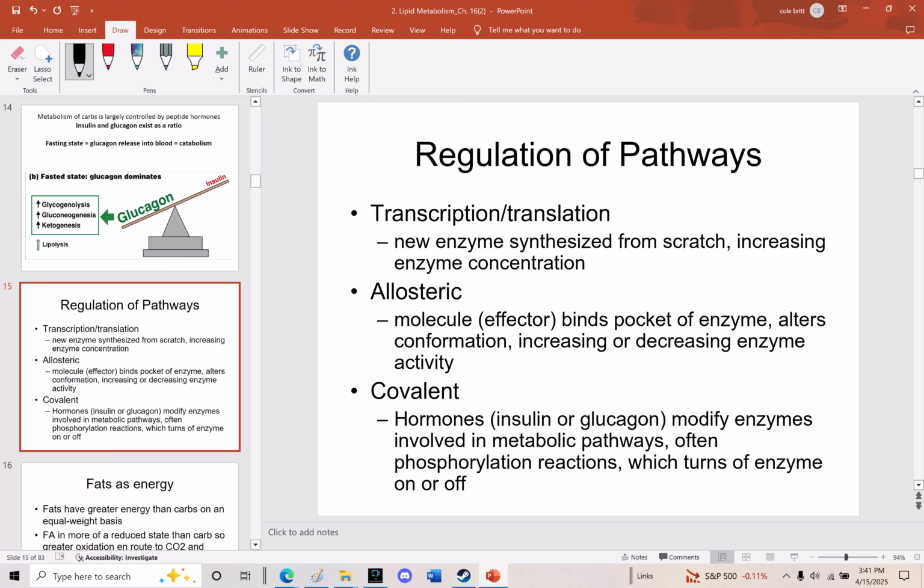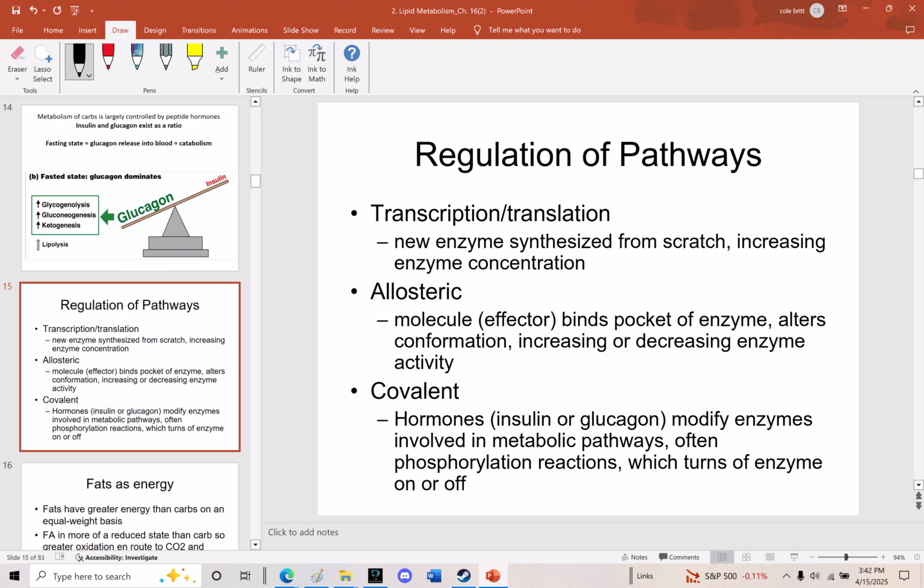So, you guys tell me, glucagon turns on a kinase or a phosphatase? A kinase. And so this kinase, what does it do? Does it phosphorylate enzymes or dephosphorylate enzymes? It phosphorylates enzymes.